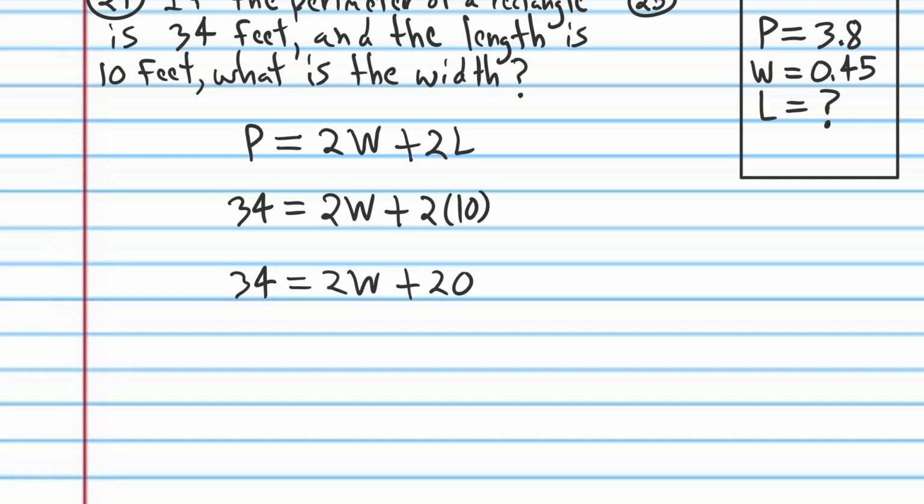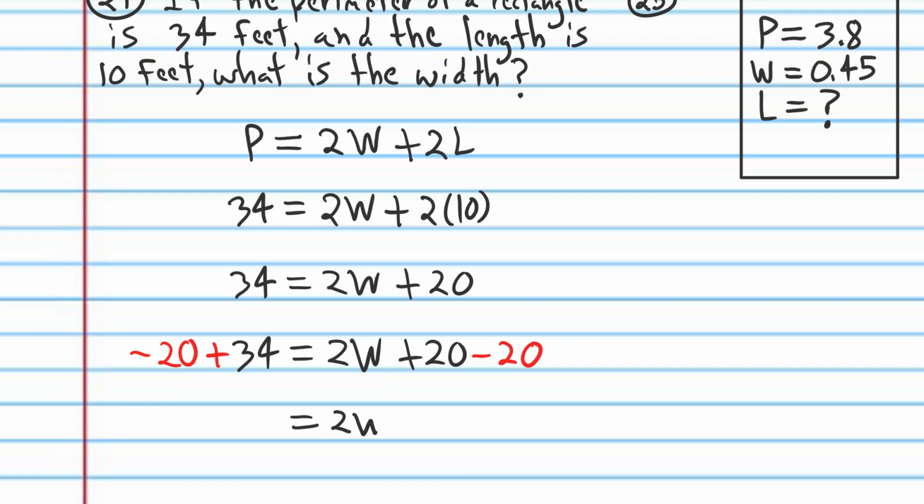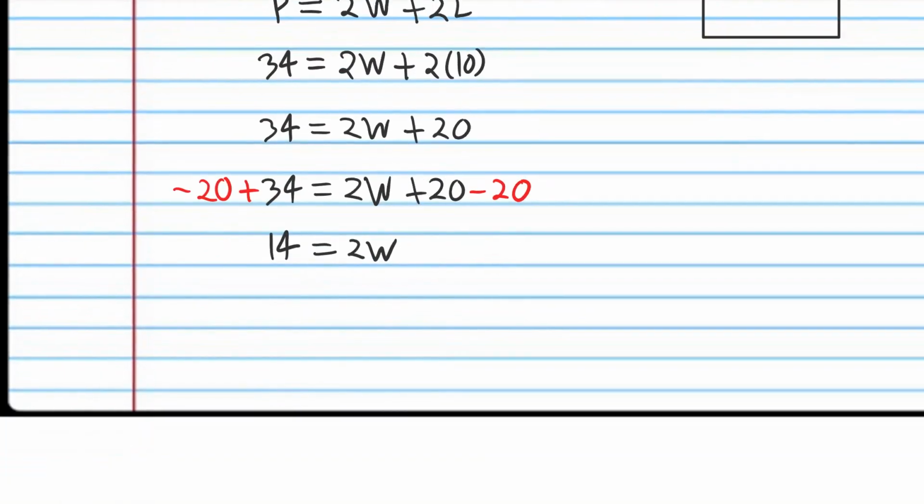And we have to perform an operation on both sides of the equation, so that means we have to rewrite the equation so we preserve the result of our first step. Subtract 20, and we get 2w is equal to 14. Now we're going to rewrite that equation because we're going to perform the third step.